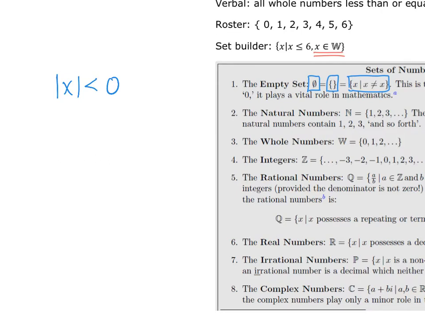So the solution to this would be the empty set. So I'd write it with curly brackets like that. Or I do a 0 with a slash through it. So there is no solution to that particular inequality because there's no value that when I take the absolute value of it is going to be a negative number. So this is an example in which I would use the empty set.